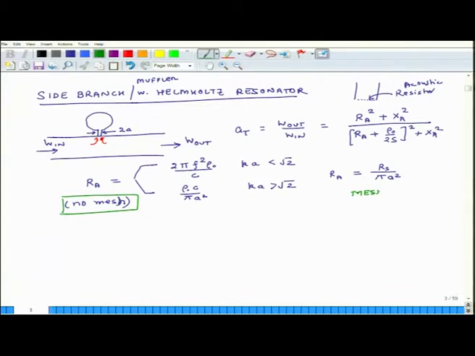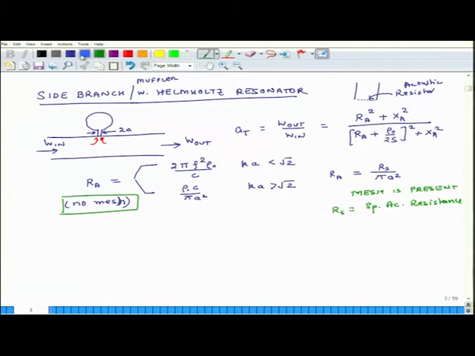So, this is the situation when mesh is present. And what is RS? RS equals specific acoustic resistance, and people have calculated the value of RS for different sizes of mesh.